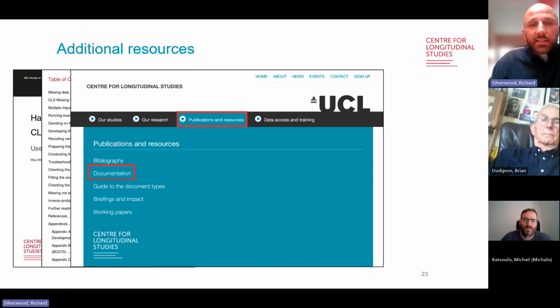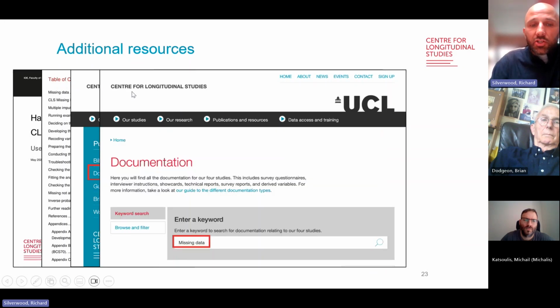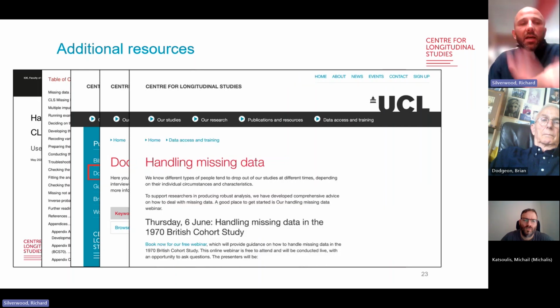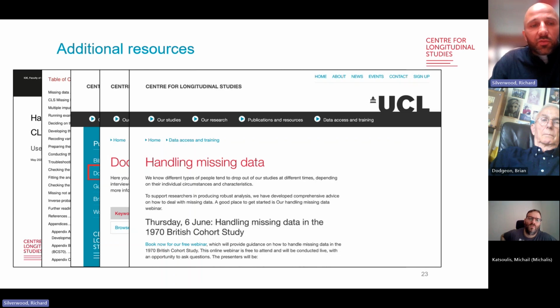If you're interested in accessing this, you can currently get it by going to the CLS website, using the Publications and Resources drop-down menu, clicking on Documentation, including missing data as your keyword, and it should be there. It's only just been published, but when we update the rest of the website, it will be linked from a variety of different places, including the Handling Missing Data page here, which we're just in the process of updating.